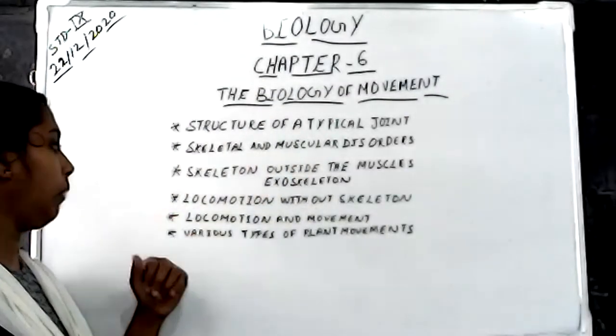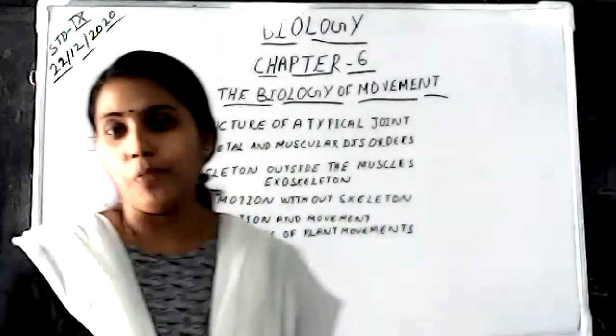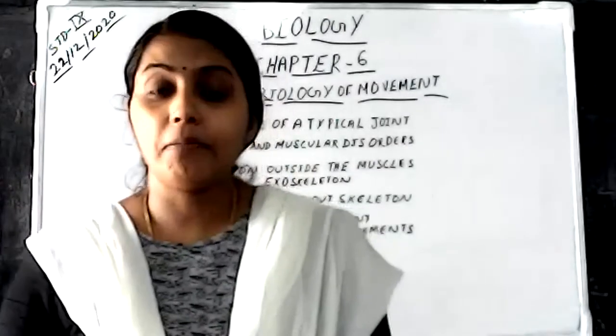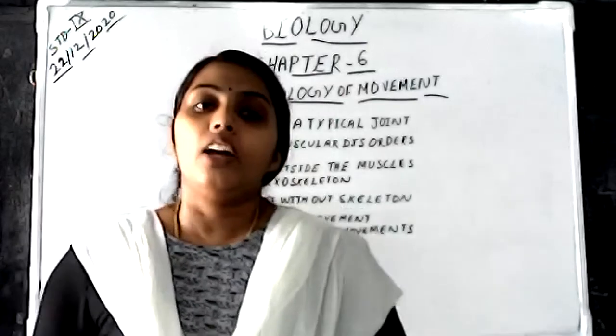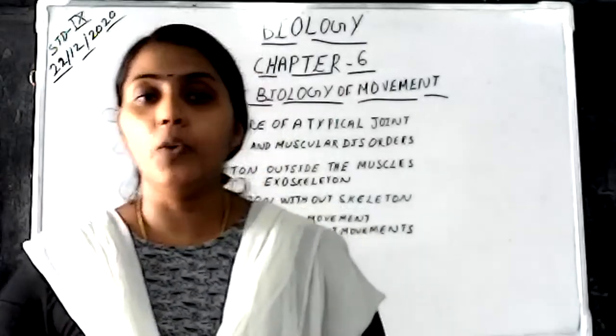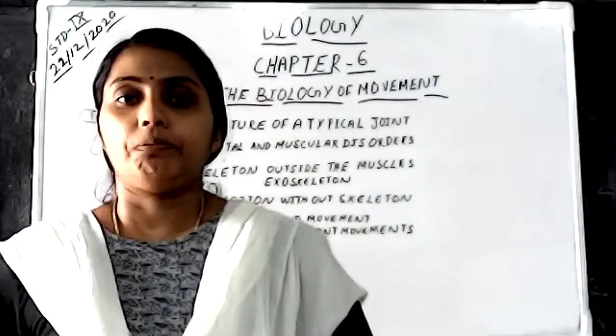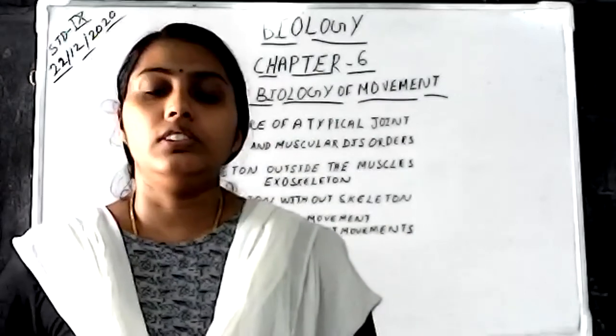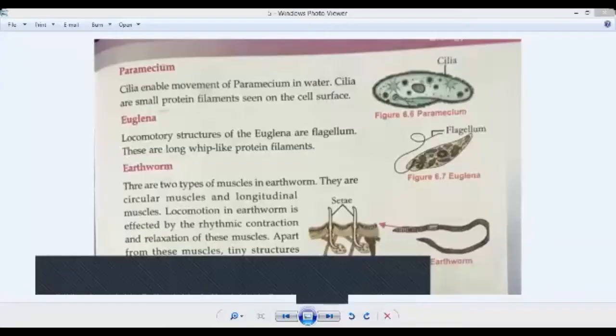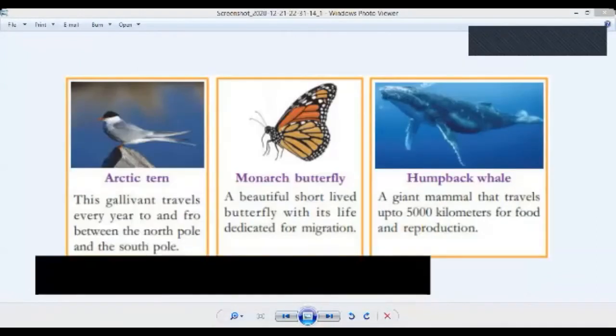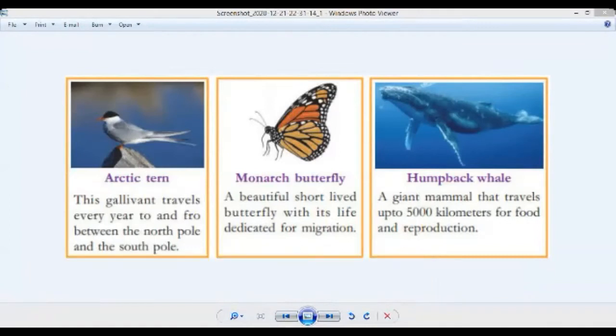Next is about the locomotion and movement. You can see some pictures regarding the locomotion and the movement. Yes, here you can see the Arctic tern. It's a bird. This bird travels every year to and fro between the North Pole and the South Pole.